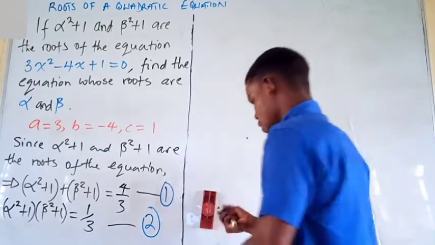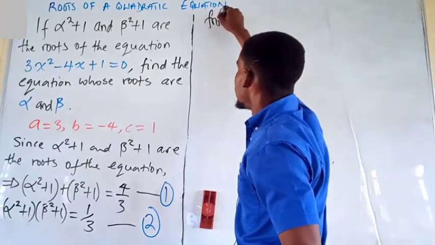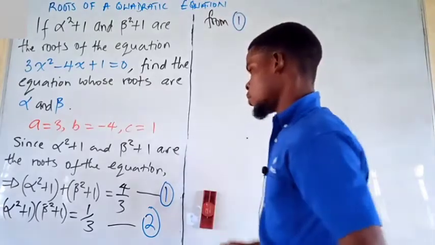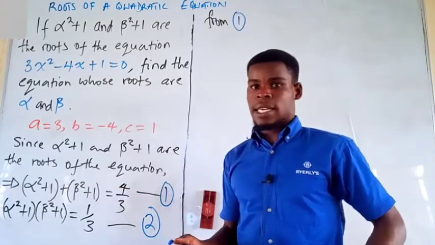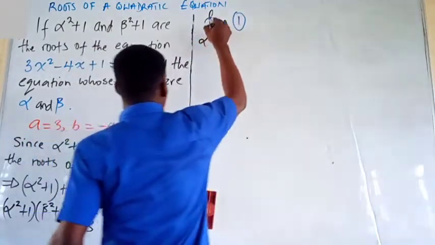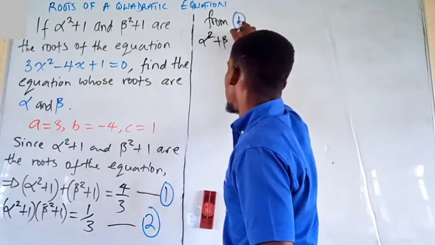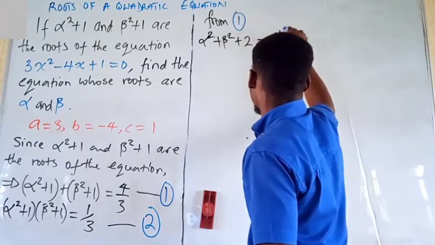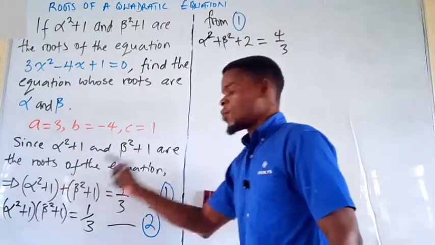Now this is what I would like to do. From 1, let's simplify the expression on the left-hand side a little bit. From 1, we're going to have alpha squared plus beta squared plus 2 is equal to 4 over 3. Alpha squared plus beta squared, 1 plus 1 is going to be 2.